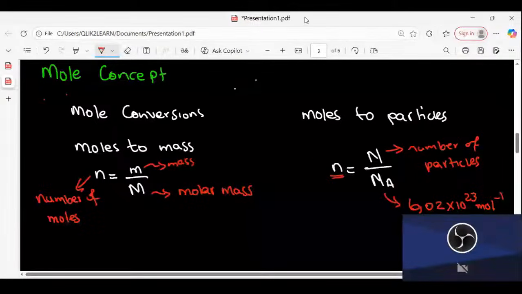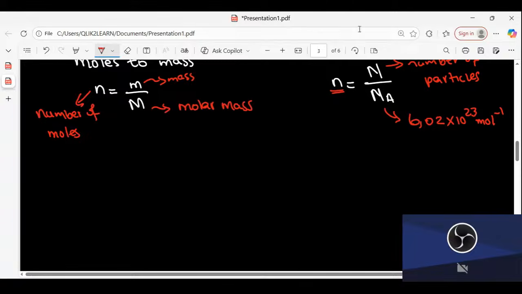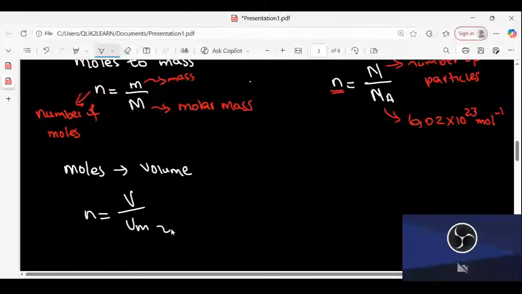So now, most of the time you'll see that some of the things are at STP. So let's say you want to convert moles to volume. How do we convert moles to volume? We use the formula n equals V over Vm, where Vm is what we call the molar volume.